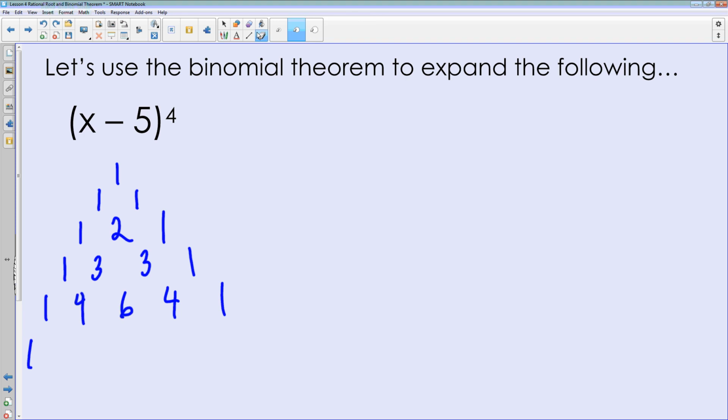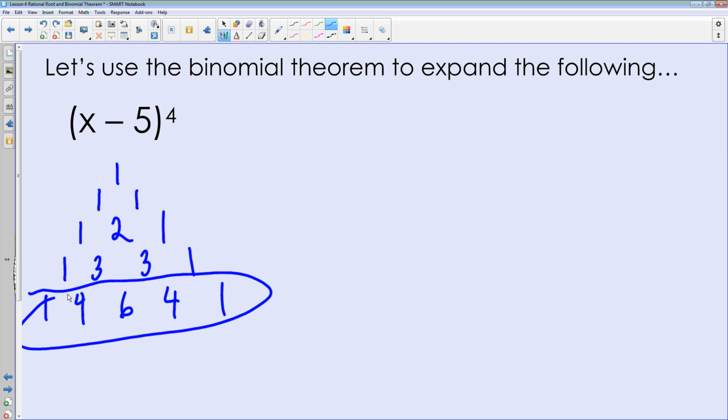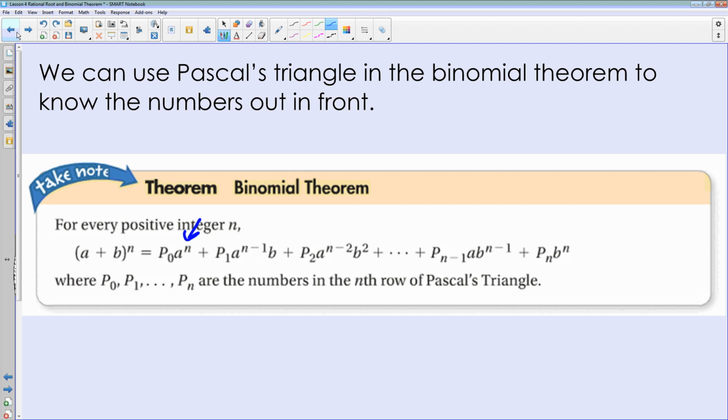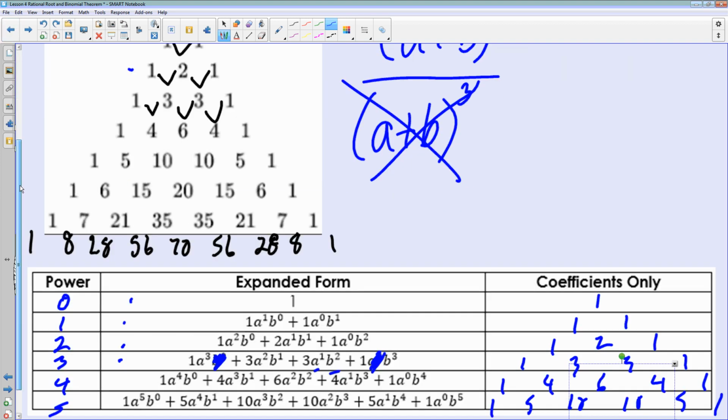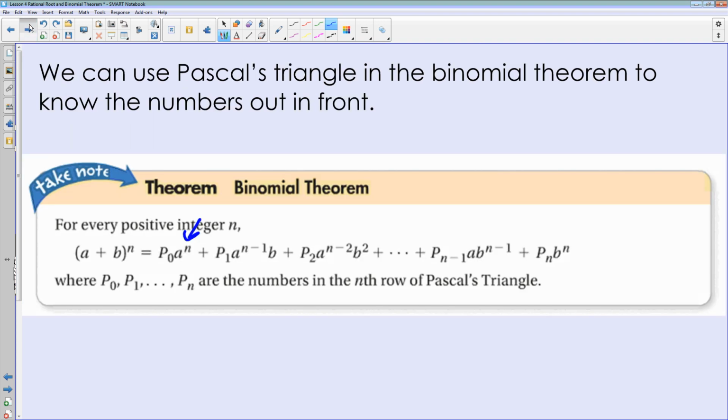Sorry, I was trying to go to the 5th level because I saw the x minus 5. All right, so we are going to use this level, and that tells us the numbers out in front. This is my a value, and this is my b value. Also, the plus and the minus come into play here too, and we'll see that.